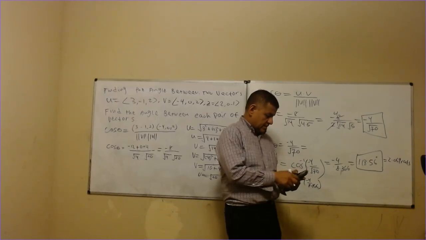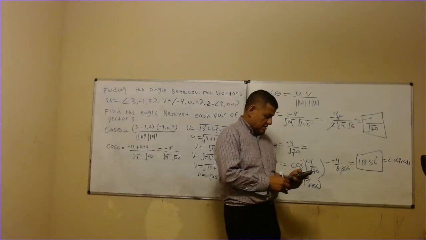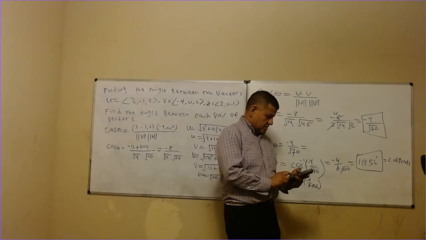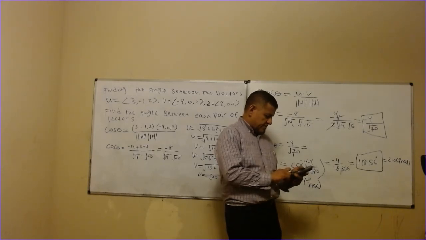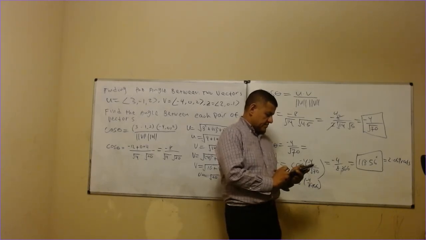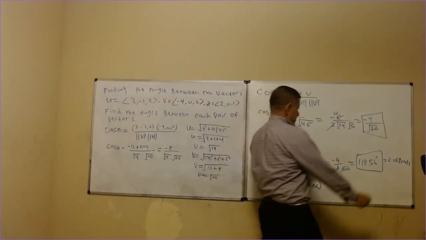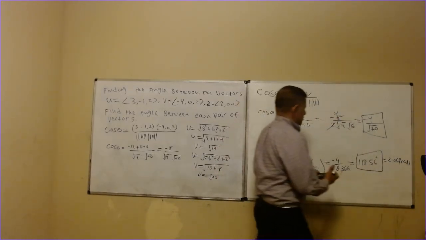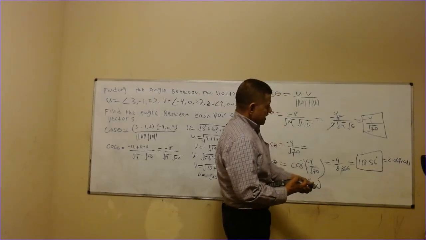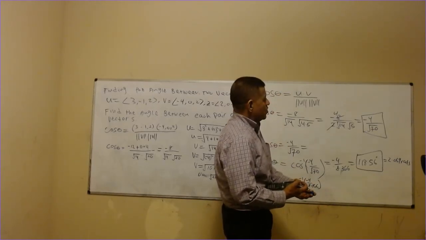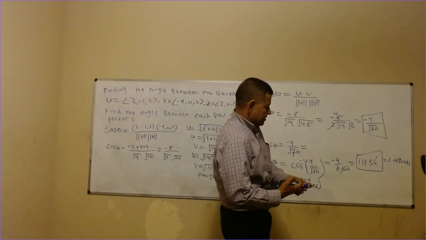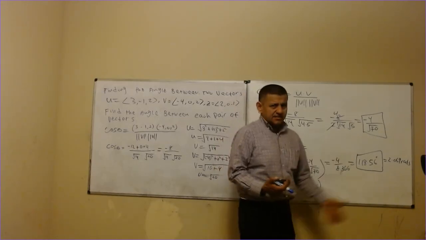It did not change. Why not? Okay, because I have to be in radians. So inverse cosine of negative 0.47. Here you go: 2.069 radians. Okay, so that's one of the answers, right?